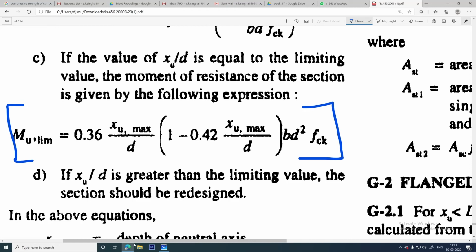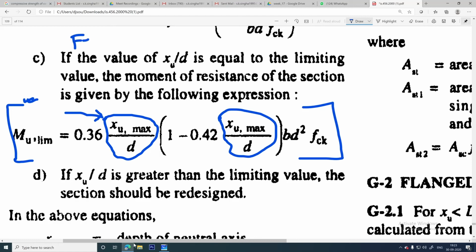In this formula, if you put the value of this xu max by d here and here, just in two places, you are able to get that value. How? Look, first determine what is the value of this xu max by d for Fe415. For that you go to page number 69.